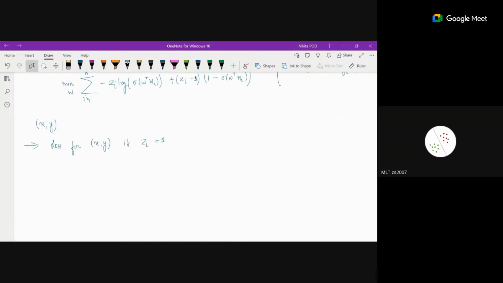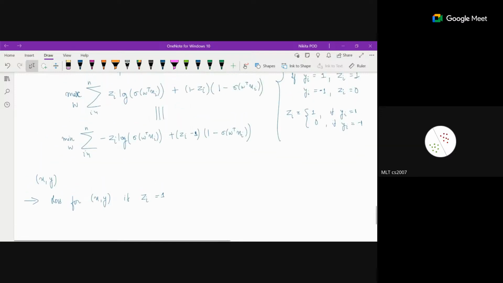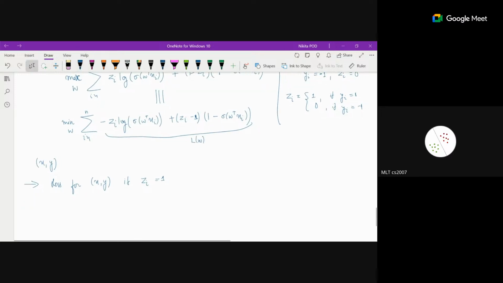If my zi is equal to 1, then since this is my log likelihood, I know that the second term goes away.